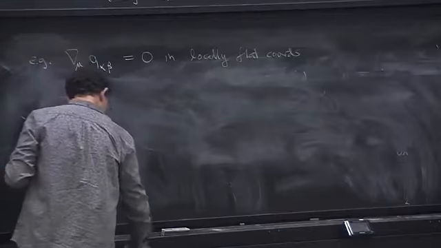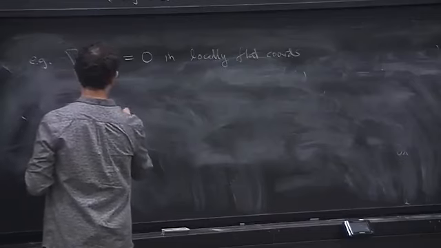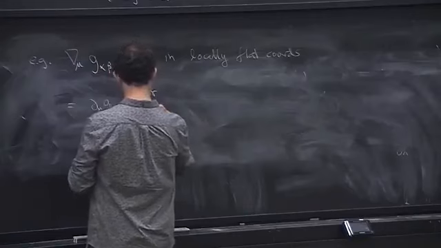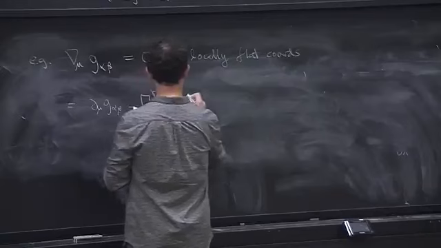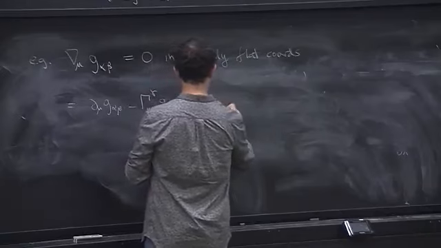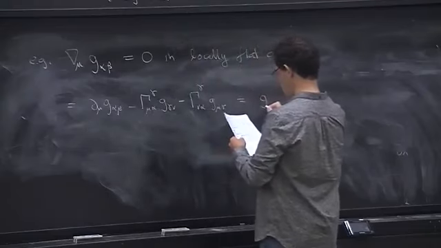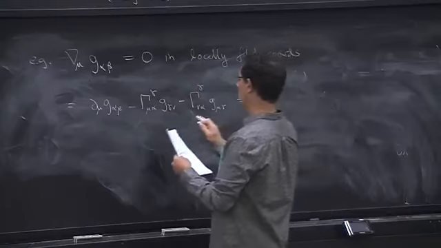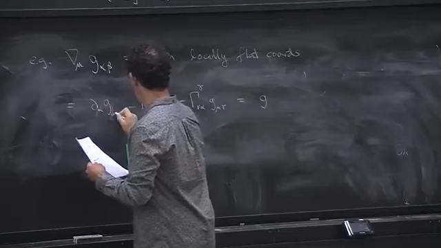This is equal to d mu g alpha beta. Now I've got two lower indices, so minus gamma mu alpha g gamma nu, minus gamma nu alpha g mu gamma. This is equal to g, what have I done here? Alpha mu nu.